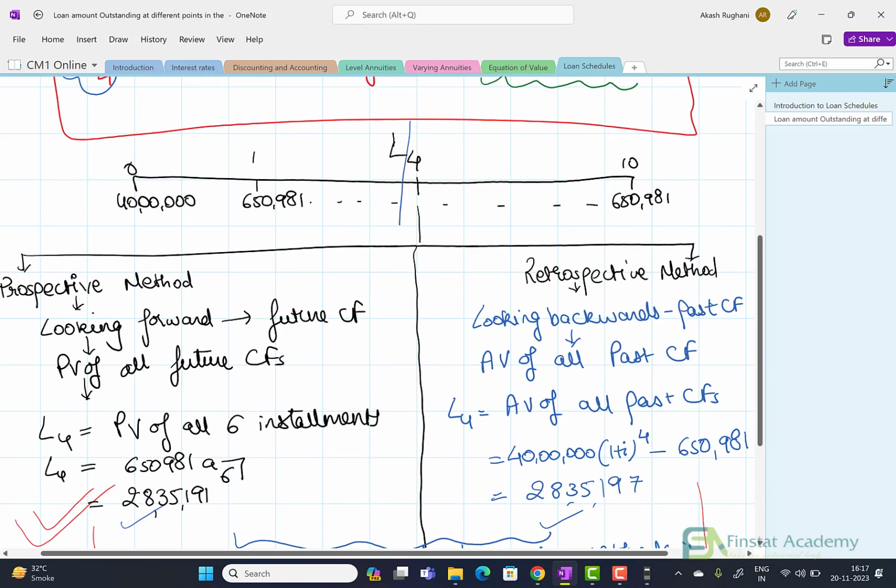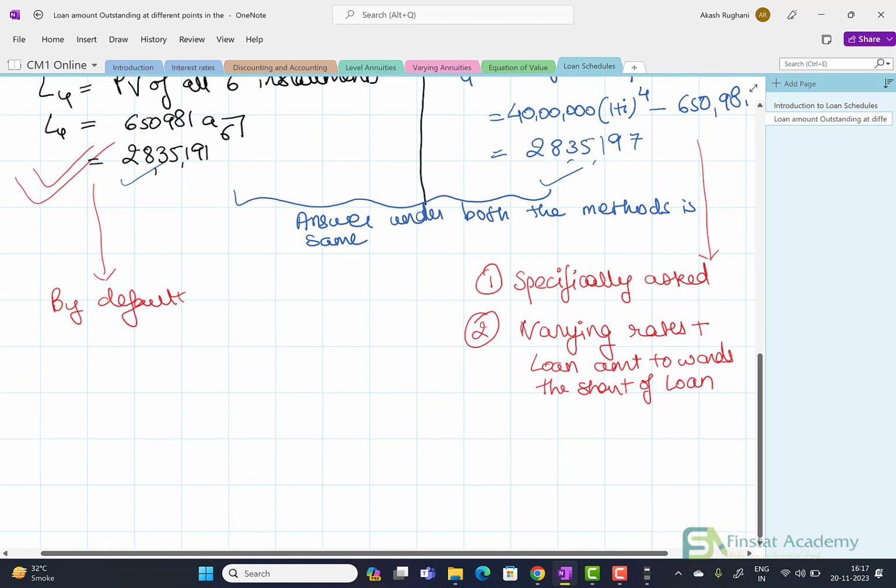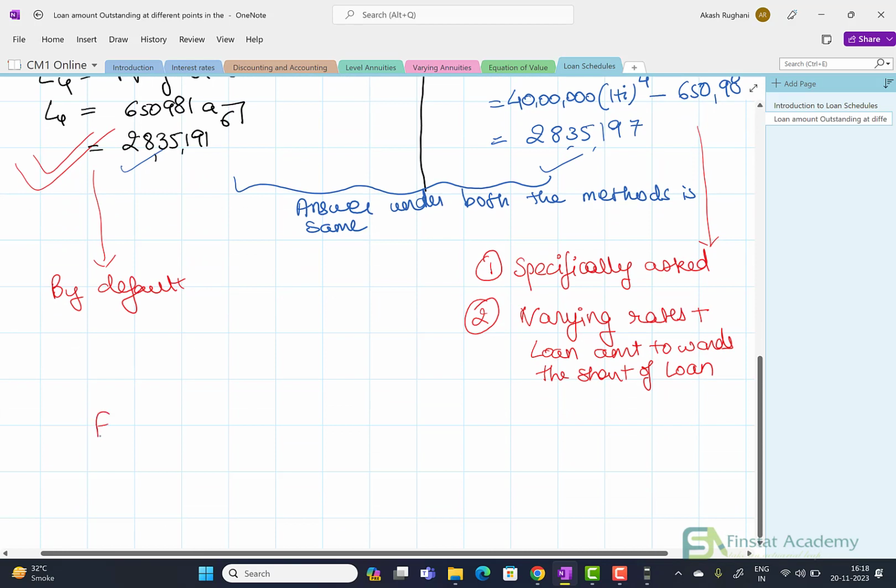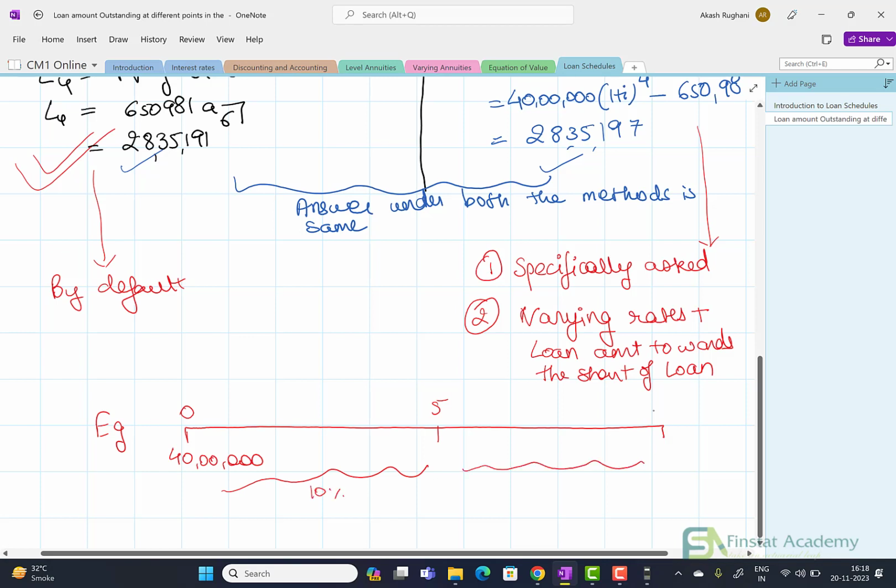At time 0 you have 40 lakhs, 0 to 5 the rate is 10%, 5 to 10 the rate is 11%. Now let's say the installment amount is 6,50,981. Guys, it will not be, I'm just putting it here for the sake of example.